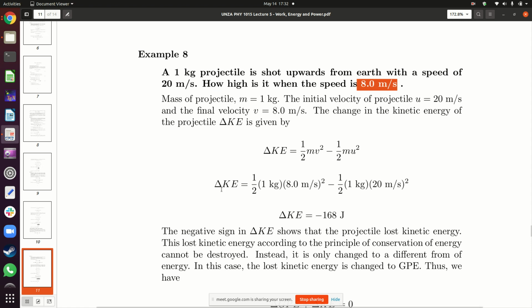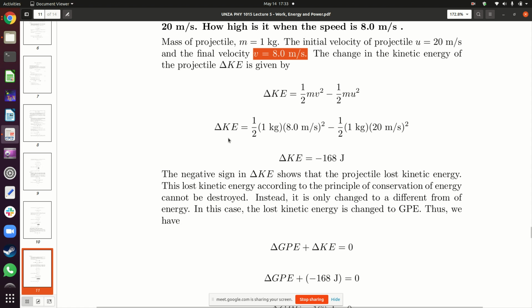So the change in kinetic energy is going to be equal to half multiplied by the mass multiplied by the final velocity squared, minus half the mass times the initial velocity squared. The initial velocity u is 20 meters per second. The final velocity v is 8 meters per second. When you make your substitutions, the change in kinetic energy is going to be equal to half times 1 kg times 8 meters per second squared, minus half times 1 kg times 20 meters per second squared.